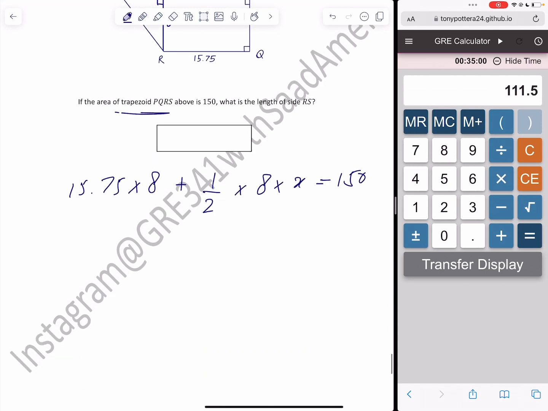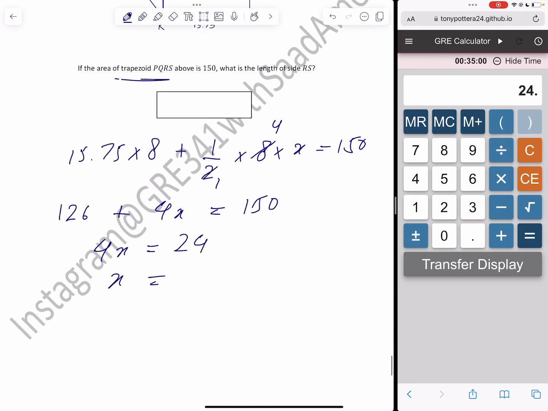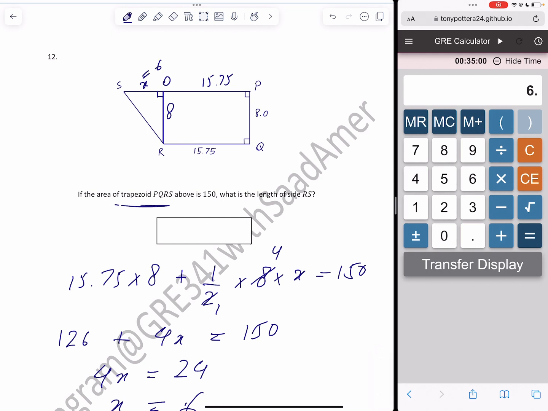Let's find x first. 15.75 into 8 is 126, plus 2 ones are 4, plus 4x is equal to 150. 150 minus 126 is 24. 4x is equal to 24. X is equal to 6.